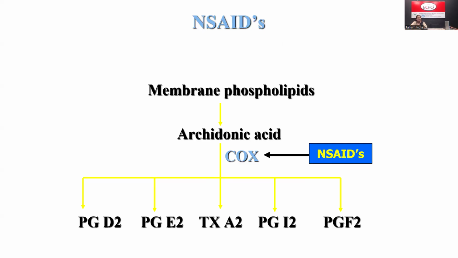NSAIDs will inhibit the COX enzymes and reduce the formation of prostaglandins. So the prostaglandins, which cause inflammation and the pain response, are inhibited by the NSAIDs acting through the COX enzymes. Okay, next.